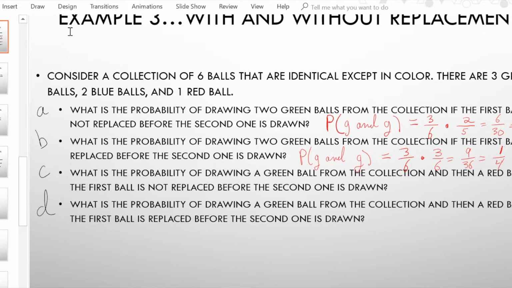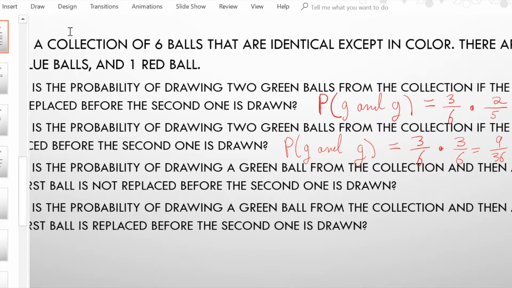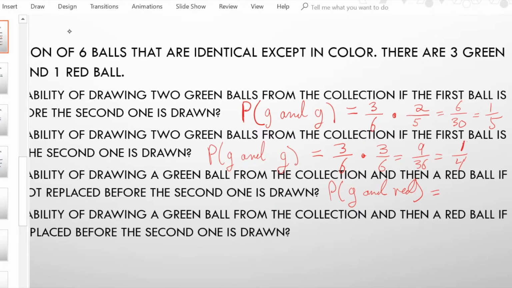Last two examples for today. We have: what is the probability of drawing a green ball from the collection and then a red ball if the first ball is not replaced before drawing the second one. So here we have probability of green and then red. So we've done this green one a couple times now, so we got 3 out of 6 for that.